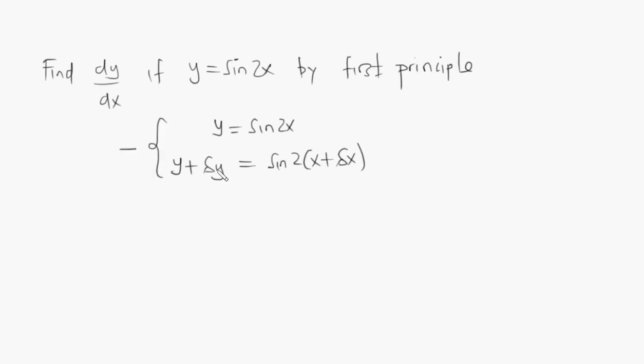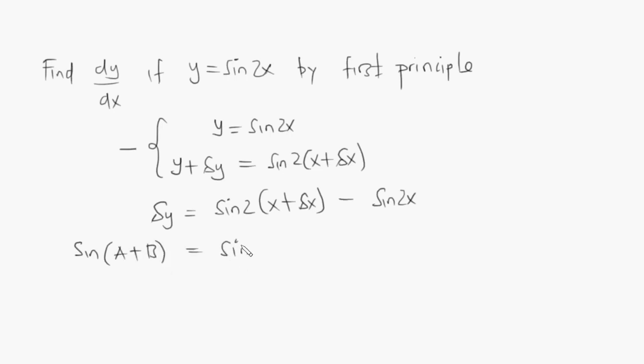So minus this, I'll just get my delta y is equal to sine of 2x plus delta x minus sine of 2x. But remember, trigonometry tells us that sine of a plus b is just equal to sine of a cos of b plus sine of b cos of a.